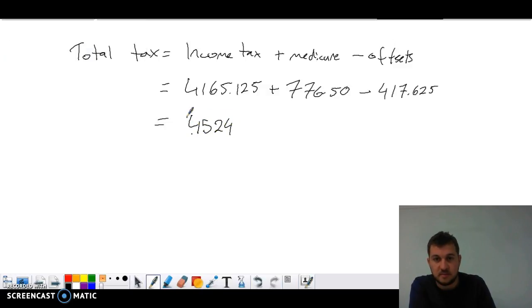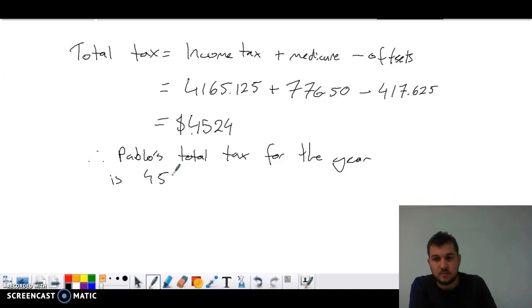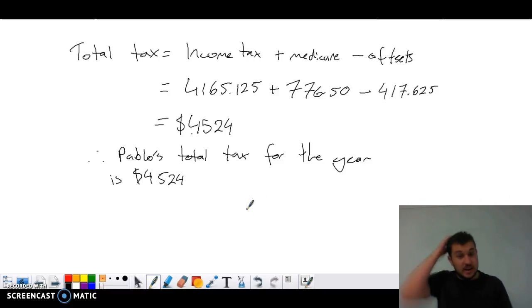That's nice and easy, isn't it? Therefore, Pablo's total tax for the year is $4,524. And that's how you work out total tax.